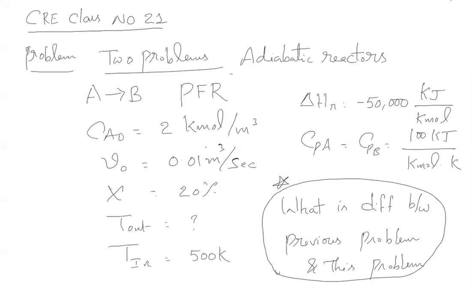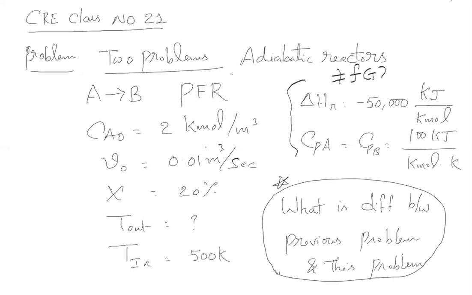What is the biggest difference between previous problems and this problem? I would ask you to study carefully. All these properties are not functions of temperature. This is by default, even if it is not given, you can consider that.